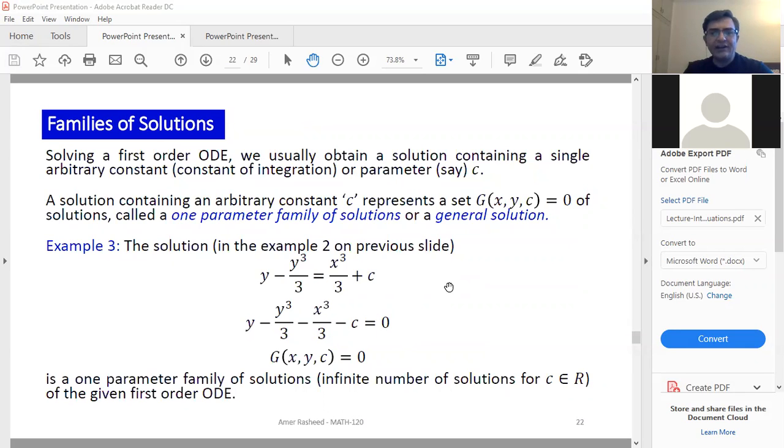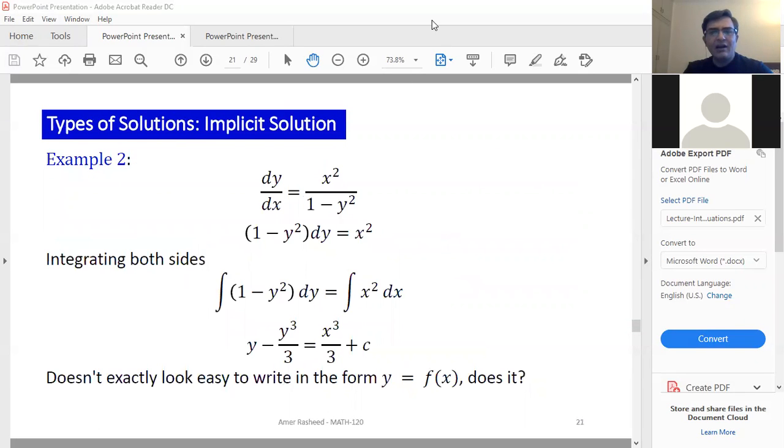I told you earlier that if we have a first order differential equation, in order to solve it, in order to find this solution y, we integrate it only one time. If we integrate it only one time, we must have one constant of integration.